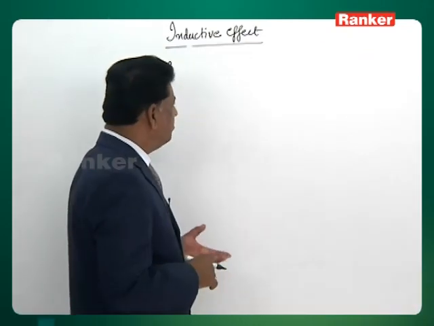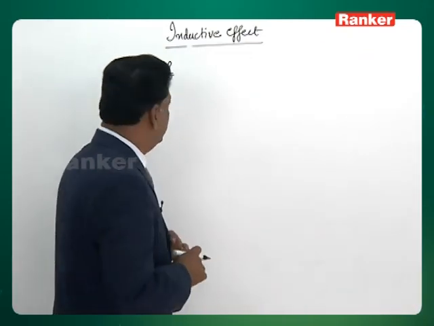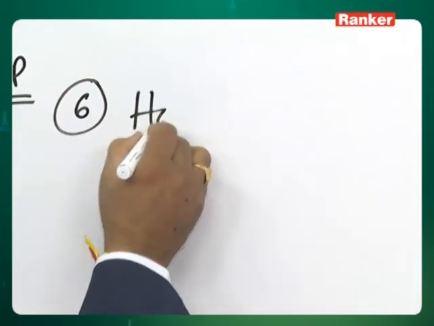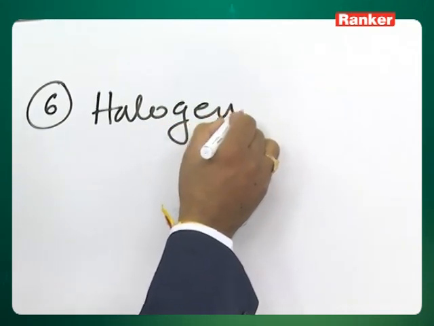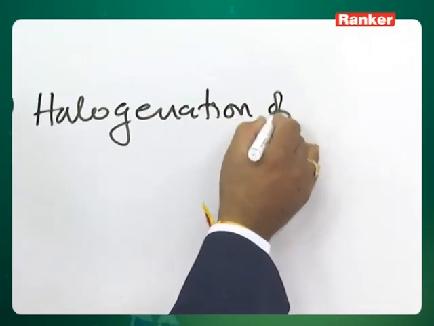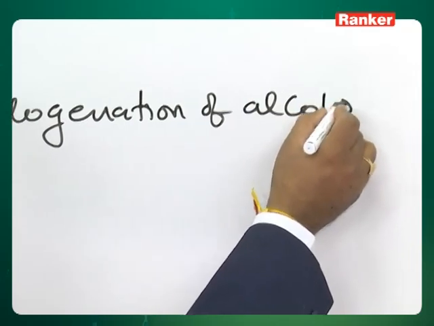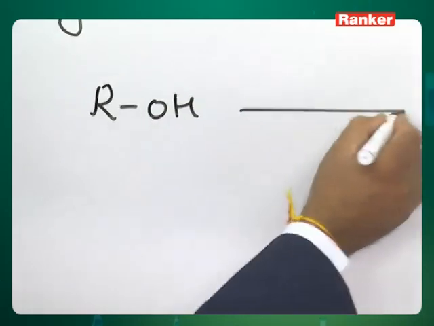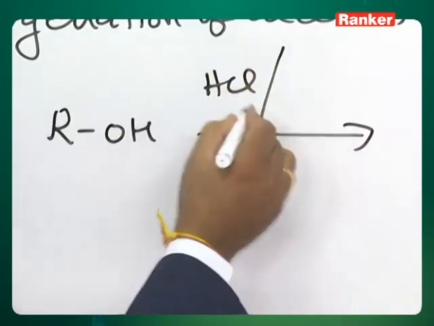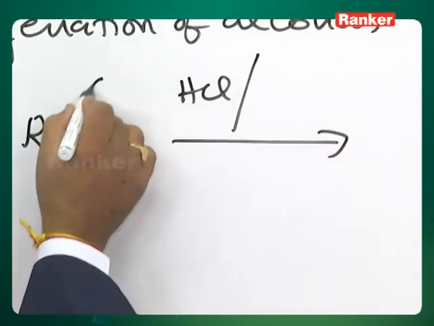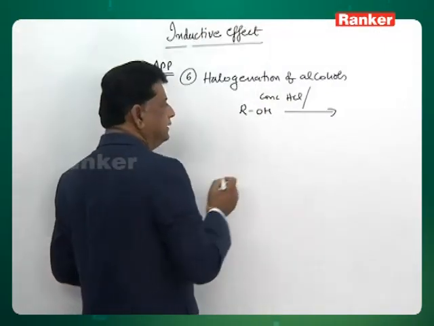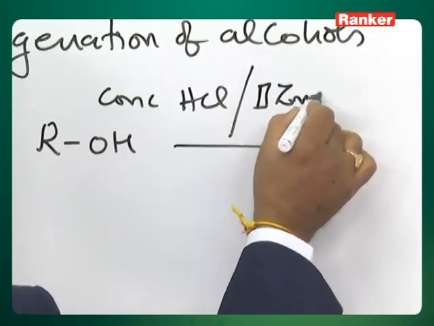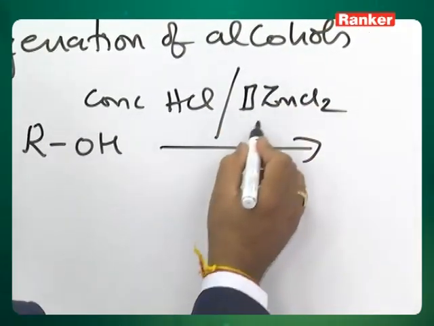However, we have a number of applications, but we will discuss one more application, the sixth application, that is halogenation of alcohols. Especially a reagent like ROH, when treated with concentrated HCl plus anhydrous zinc chloride.